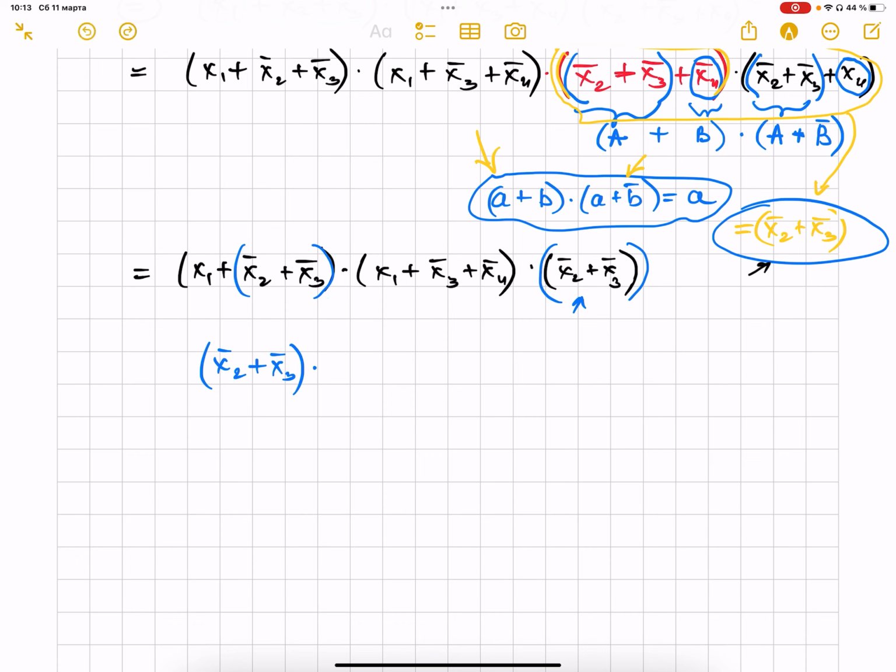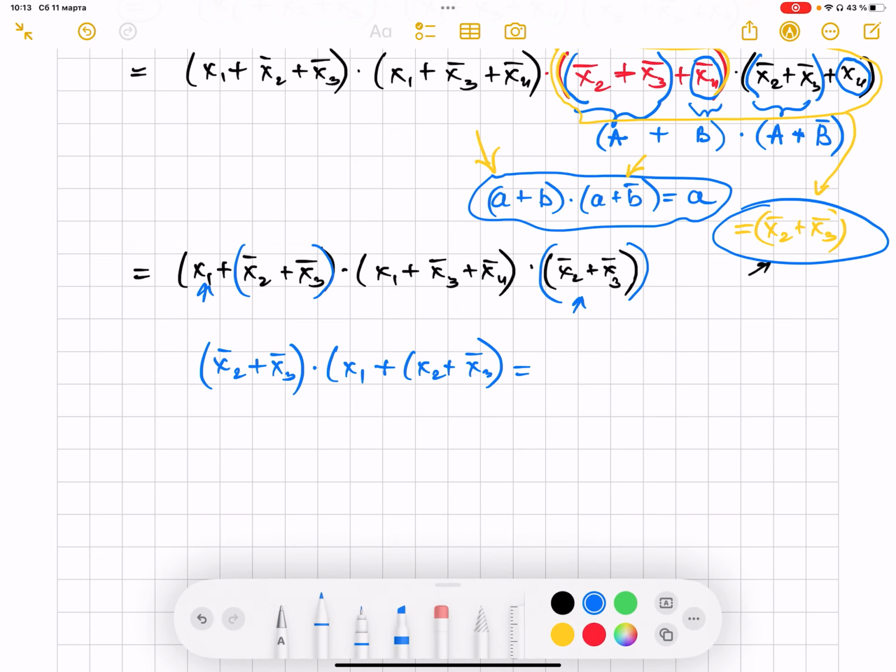So x1 is this one, plus x2 bar x3 bar, and this is also another property. Let's say this x2 bar x3 bar is a, x1 is b, and of course this bar is a. So we have a multiplied by (b plus a).